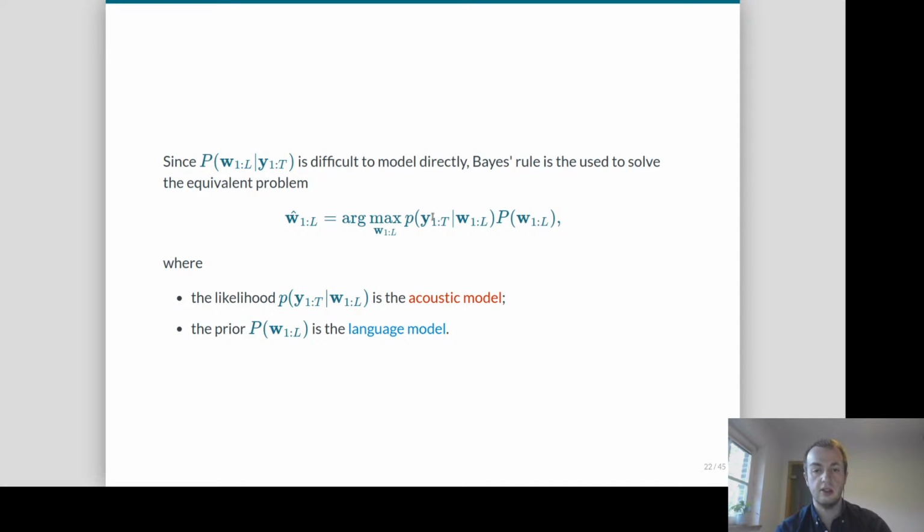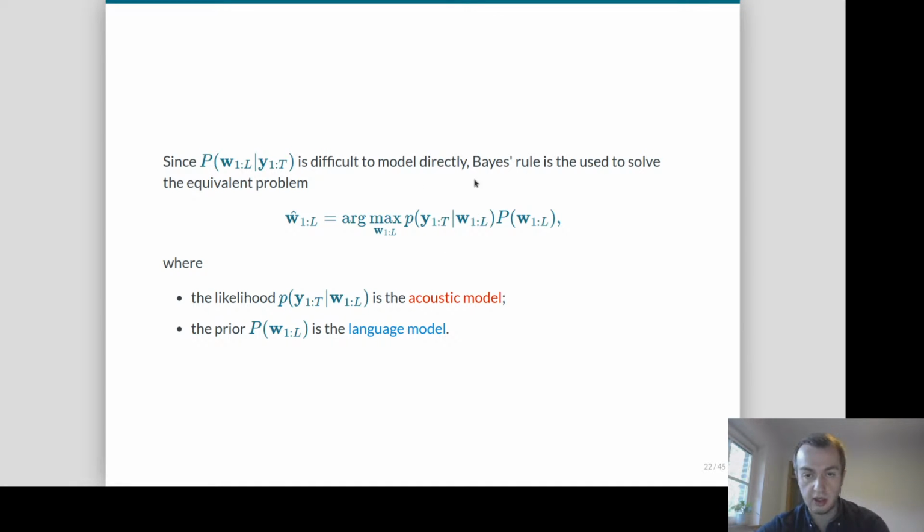Right? And reframing the problem in this way makes things much easier, because defining P of W is something which can be done. It just boils down to defining a probability distribution over sequences, which we can estimate simply from data.